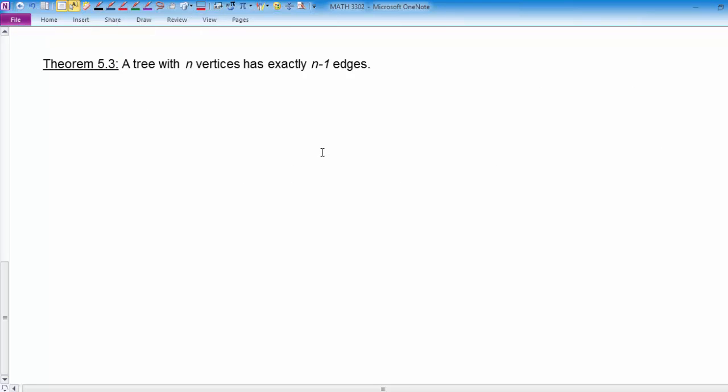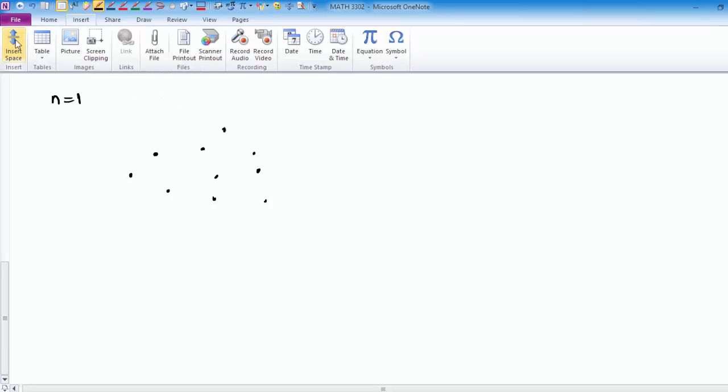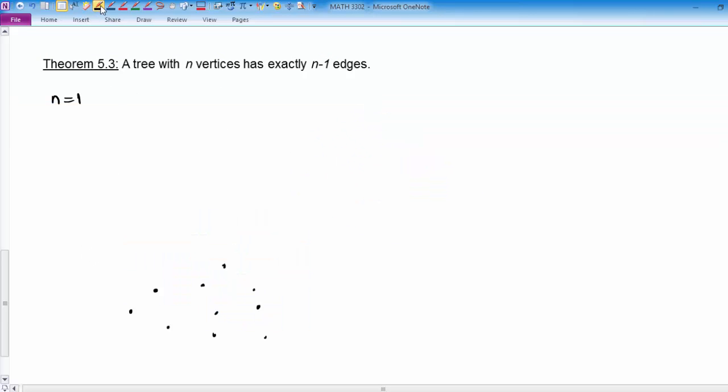To prove this theorem, we're going to use mathematical induction on the number of edges and vertices. Now, suppose we have a tree. We're going to begin the induction when n is 1. So for n equals 1, that means a tree with only one vertex. Then that's easy. A tree with one vertex would be like that.